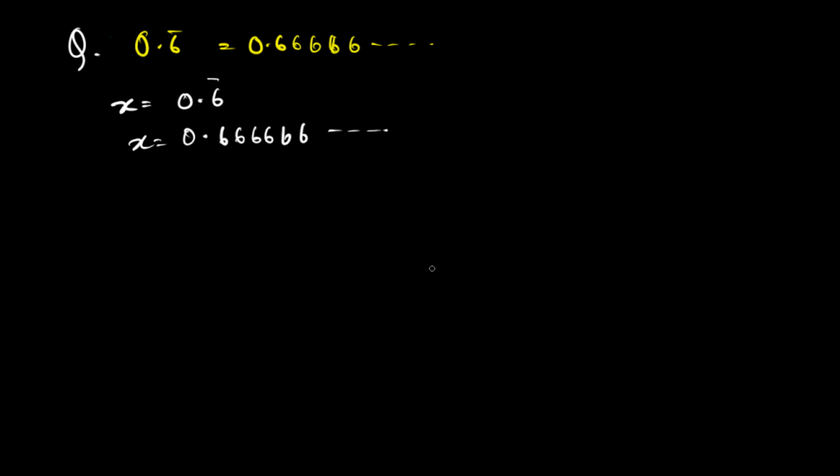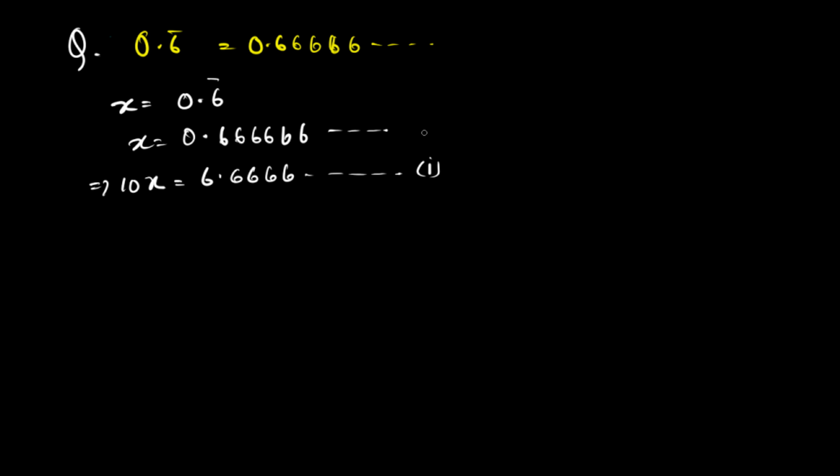In this case, 1. So we have to multiply this x by 10. If I have two digits having bars, I have to multiply it by 100. If 3, then 1000. If 4, then 10,000. So if I multiply it by 10, I will be getting 6.66666 dot dot dot.